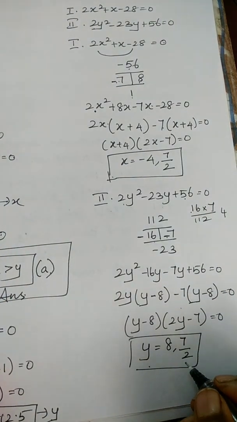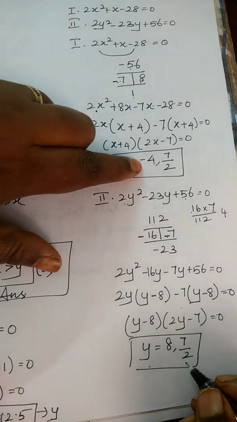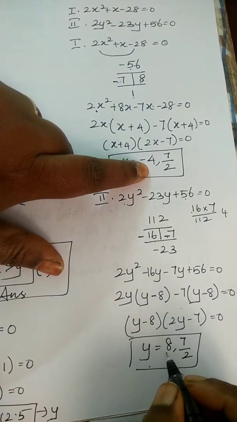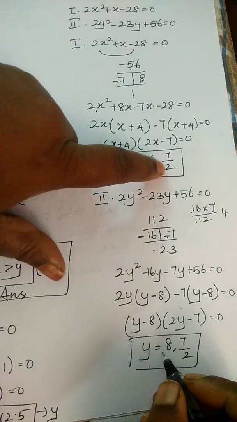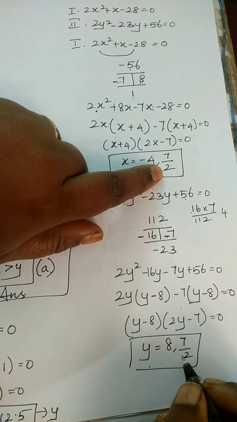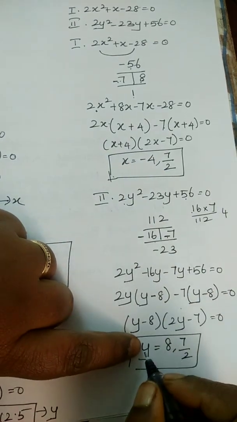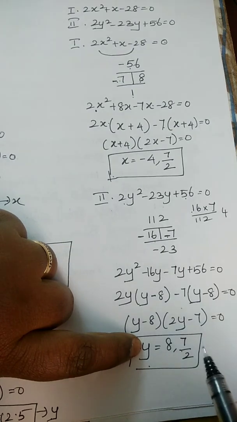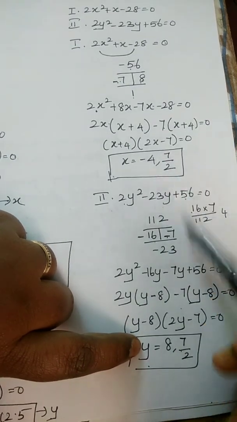Which one is greater, which one is smaller, or both are equal? See here, here it's minus 4 but here it's plus 8, so y is greater. And also here x is 7 by 2 and y is also 7 by 2. So y is greater than or equal to x, because here also 7 by 2, here also 7 by 2.